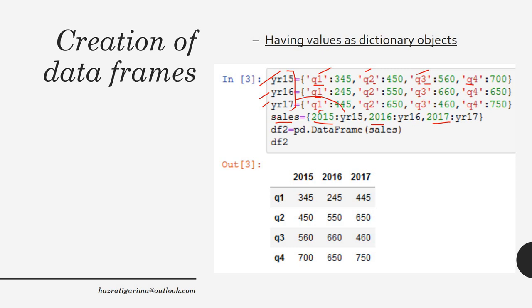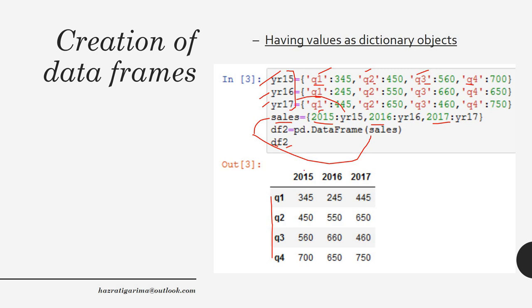After that I'm passing this sales to the data frame, creating df2, and I'm printing that df2. Now in df2 I got Q1, Q2, Q3 and Q4 as row labels. See, I told you that we can take any string or letters or numbers as index labels.